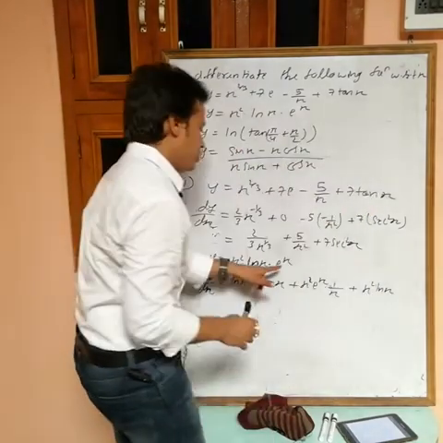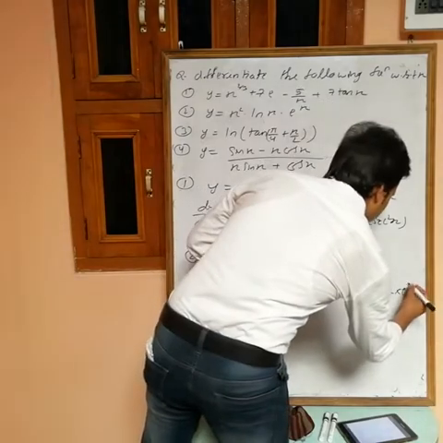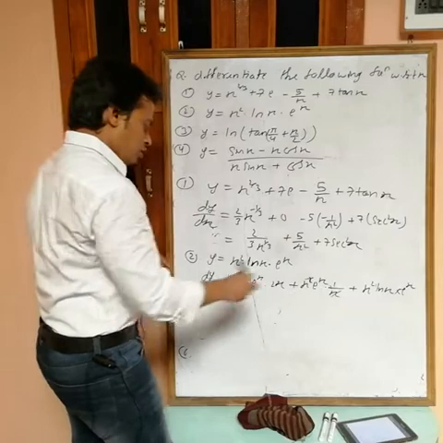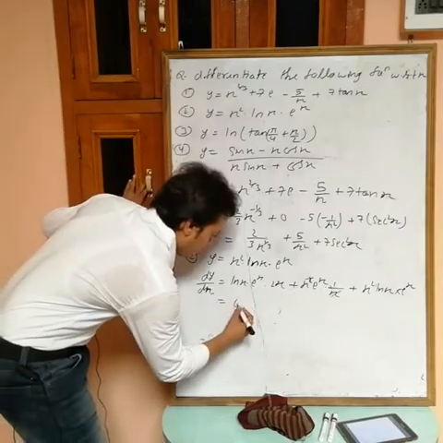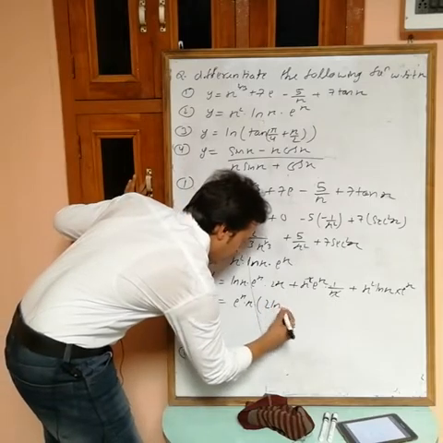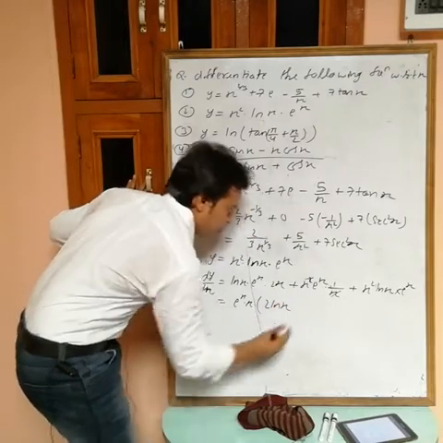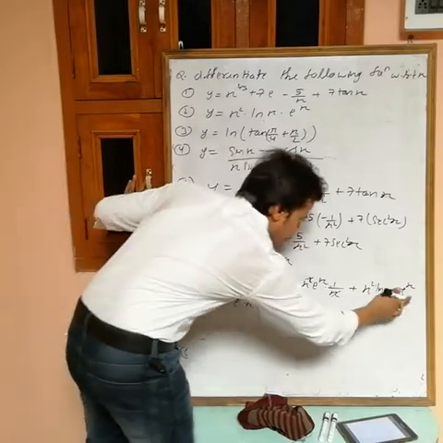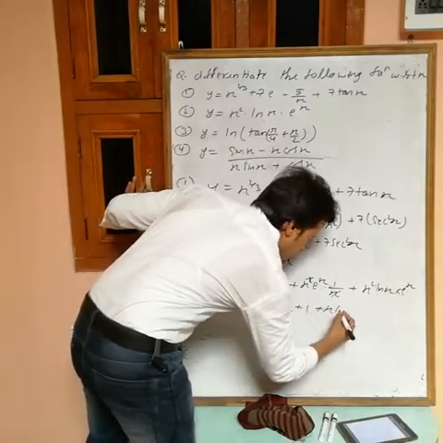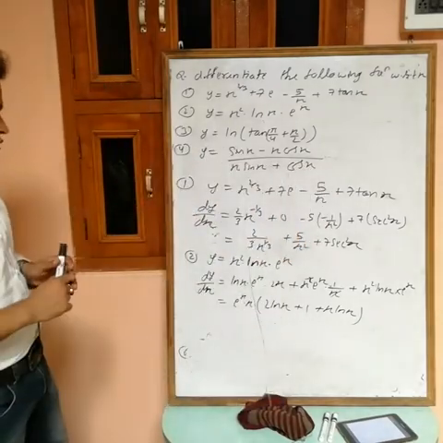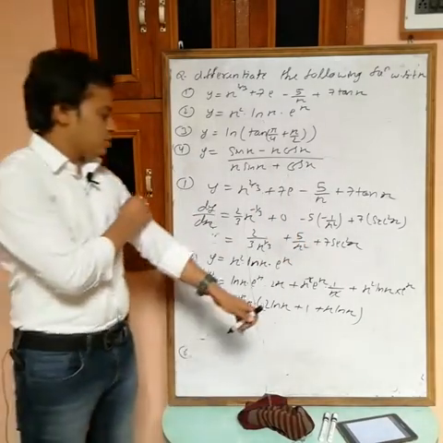Differentiation of e power x is the same, e power x. Here one x cancels out. Now I can simplify all these. I can take e power x into x common, then we have 2 ln x, here e power x into x, then only 1 remains, and here e power x into x, then x ln x. So this is the differentiation of x square ln x into e power x.